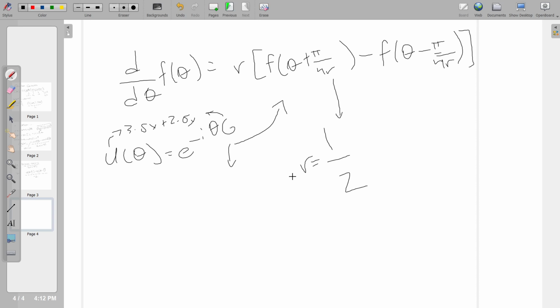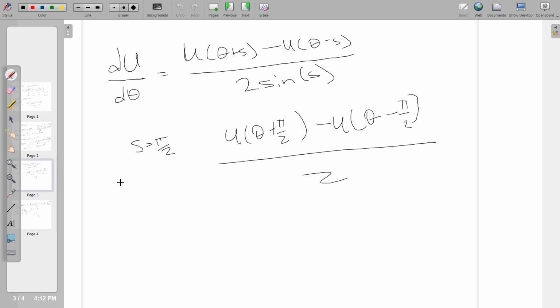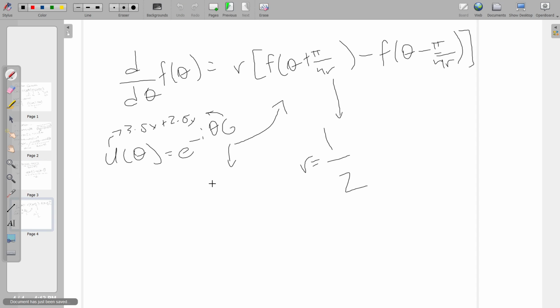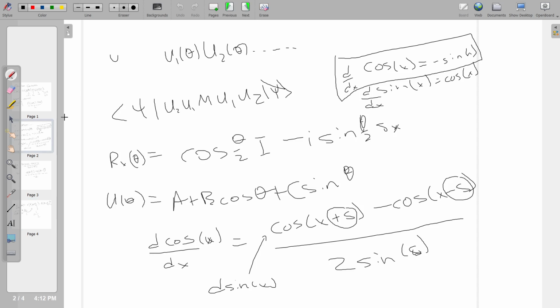And we can see this works out to be the same in that it becomes pi over 2 over 2, which is the exact same as here. And so basically, this formula is equivalent to that format.